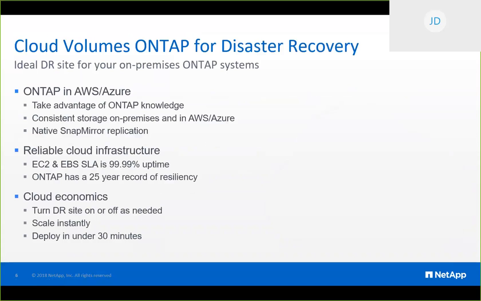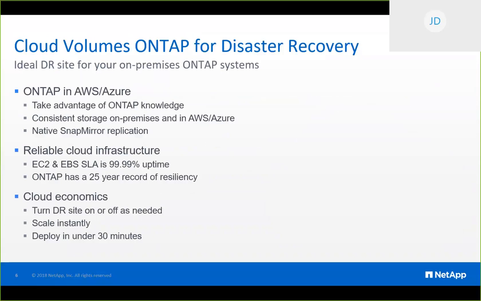First of all, if you're already running ONTAP on premises, it makes a lot of sense to simply run ONTAP in the cloud for DR. Your teams already know how to manage and use ONTAP, so why waste that knowledge? And it only makes things easier to have consistent storage on premises and in the cloud. And of course, you can use the native SnapMirror replication that you're used to that is incredibly efficient and useful.